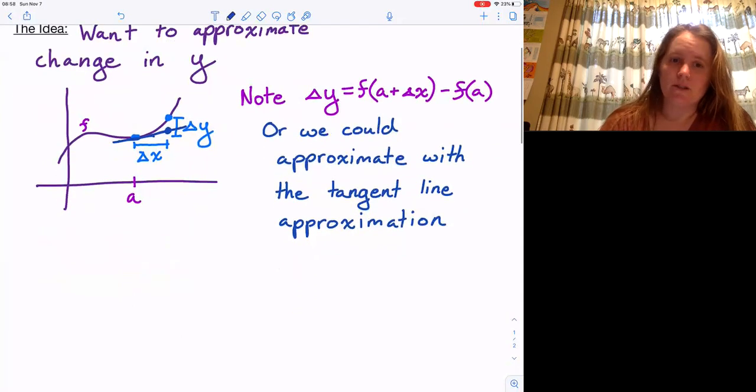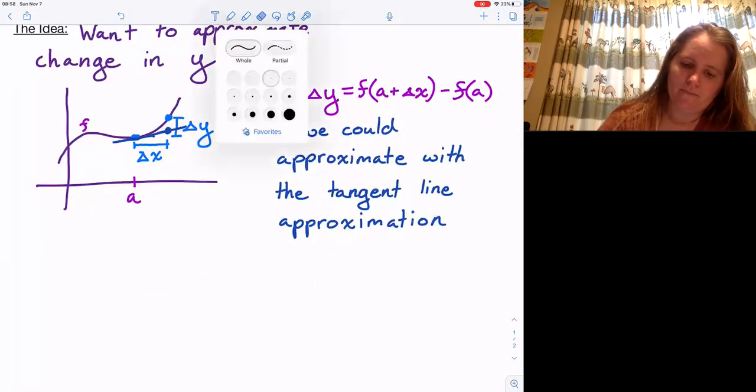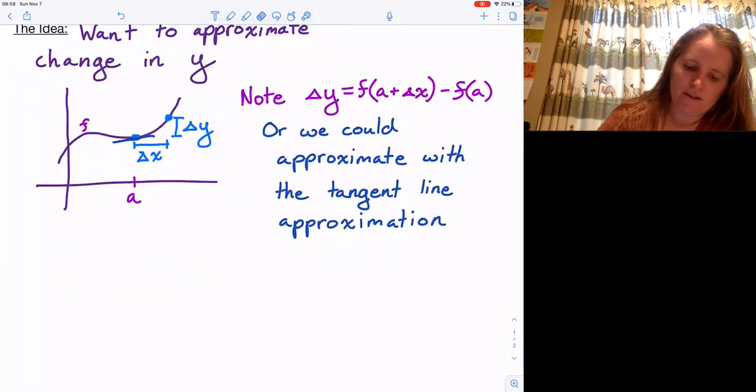So I'll draw a new picture with the tangent line.